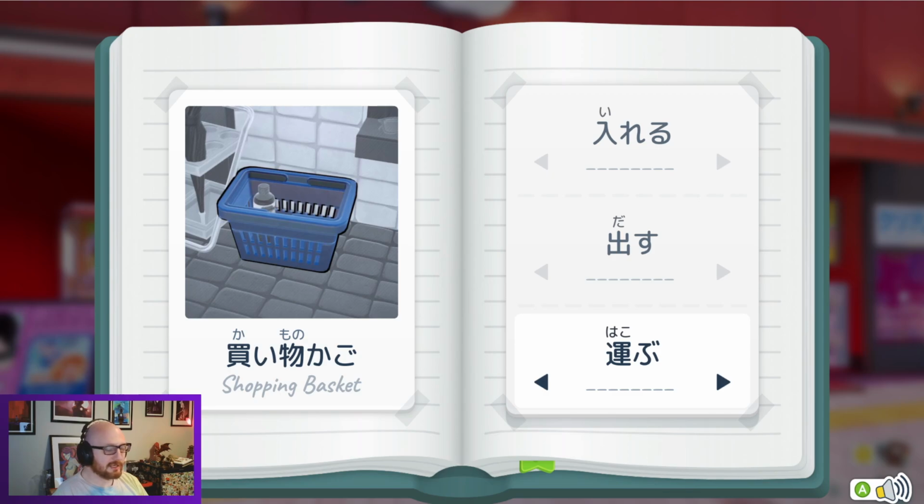Like I said, if we wanted to make this negative casually, we could just go hakobanai. So hakobimasen, hakobanai, both ways of turning this negative.